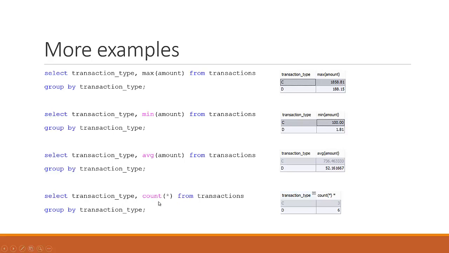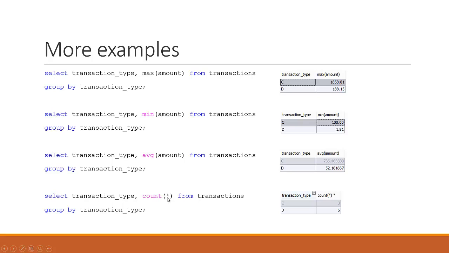Then there's the count. The count is a little bit different. Like I said, the count doesn't really concern itself with any individual column inside the data that's grouped. Instead, it looks at the overall rows. That's why with count, we use count star, because we're just counting all of the rows. We could have put count of amount, and it probably would have given us the same results.